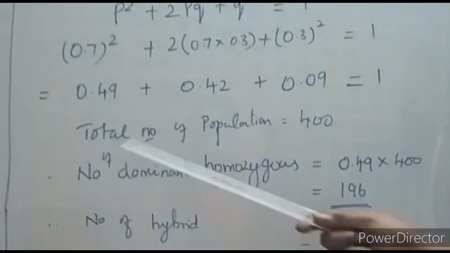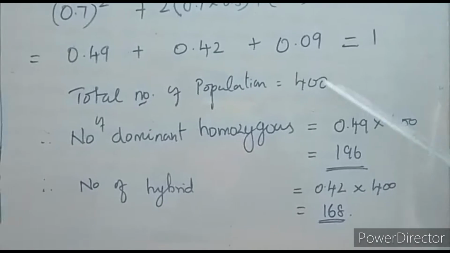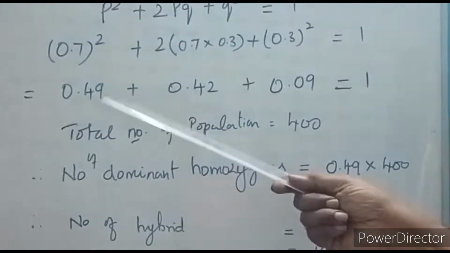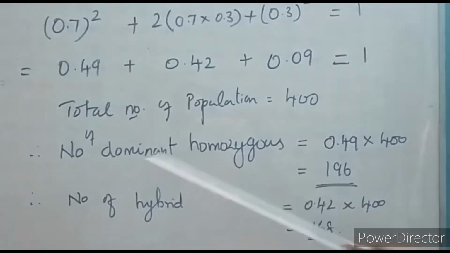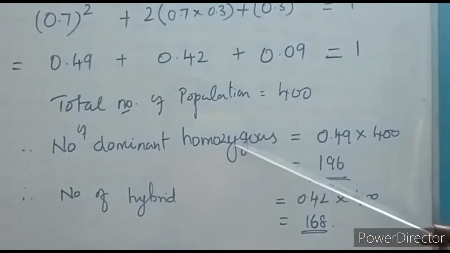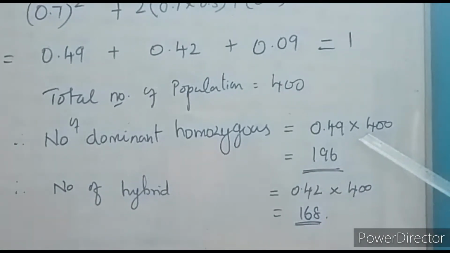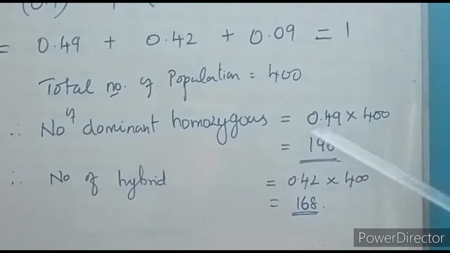Now we have to find out the number of dominant homozygous and hybrid individuals. Total number of population is 400. It's given in the problem. We have found out the homozygous dominant frequency, that is 0.49. So number of dominant homozygous individuals is equal to 400 × 0.49, that equals 196.